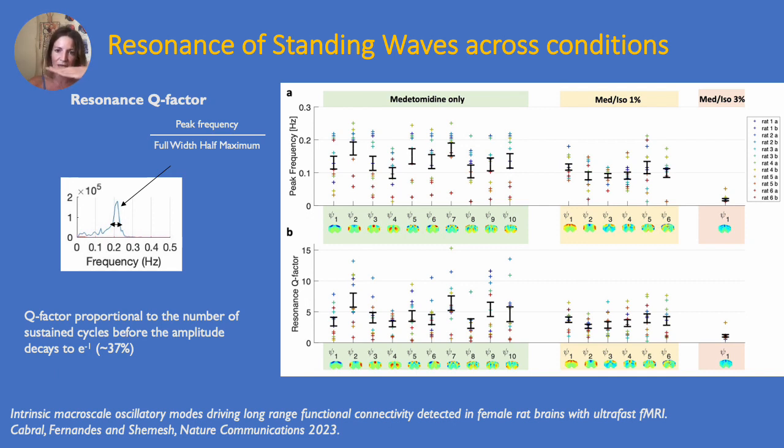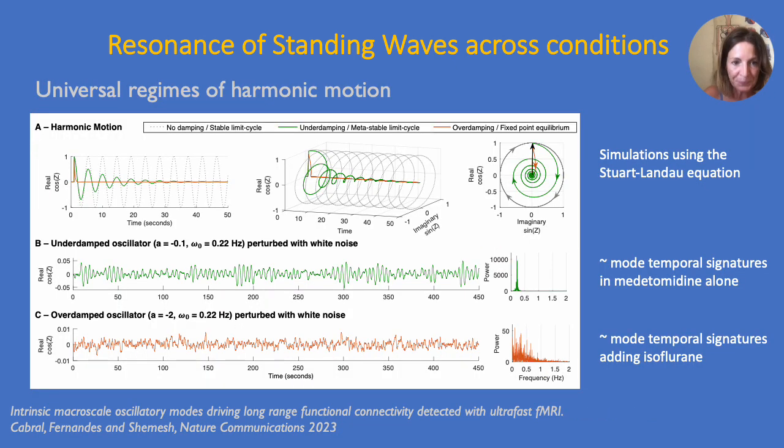It decreases with the addition of isoflurane, and so does the peak frequency. With isoflurane, the oscillations are more damped, which means that they decay faster. And with isoflurane at 3%, the peak frequency is super slow, and there's really no reverberation, no periodic reactivation of the same mode.